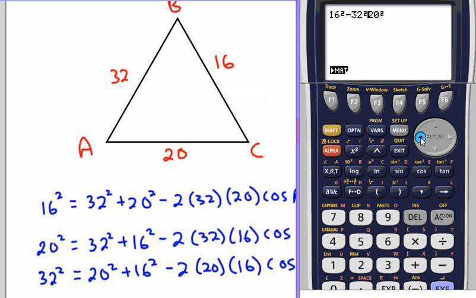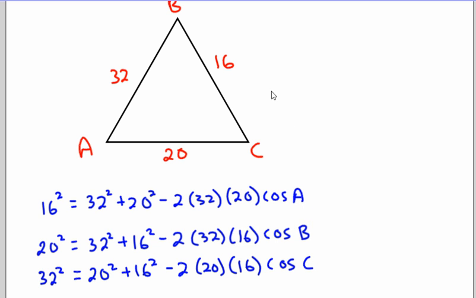Whoops, almost a sabotage. It's like I'm taking the 32 squared over and it becomes negative, 20 squared becomes negative. Then I'll divide that by -2 times 32 times 20. That's what the cosine of angle A should be.